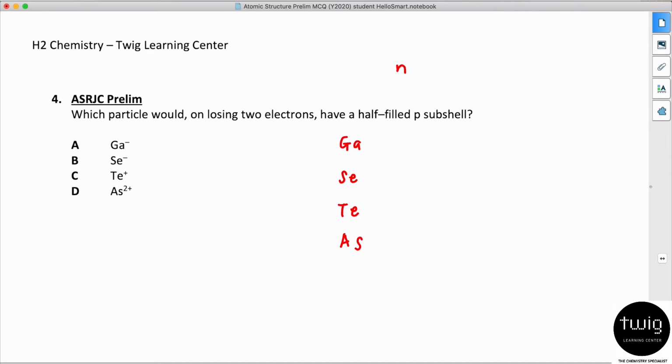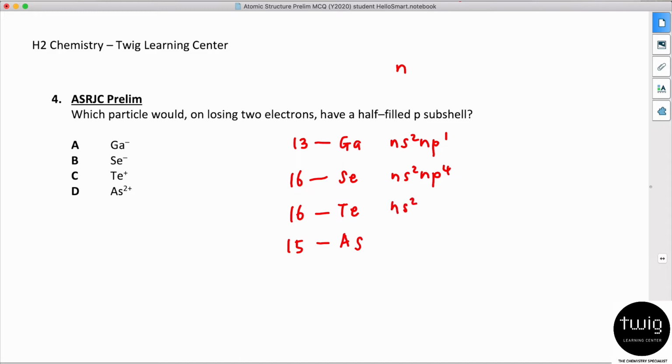So for gallium will be NS2 NP1, right? Because gallium is in group 13, selenium is in group 16. Tellurium is also in group 16, and arsenic is in group 15, right? So if N is the outermost shell, selenium will be NS2 NP4, okay, because there are 6 electrons in the outermost shell.